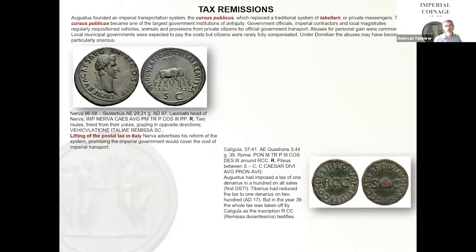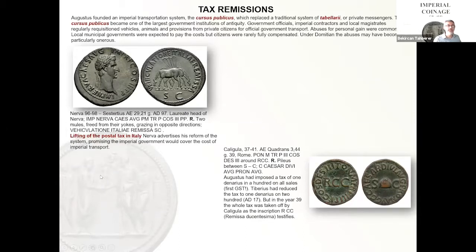People with power used all the means, and sometimes to the extent of exploiting people for transportation. And on this coin, we see 2 mules freed from their yokes. In the background, you see the yokes of the cart. And they are grazing in opposite directions.